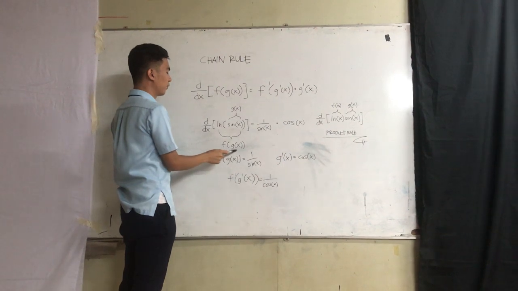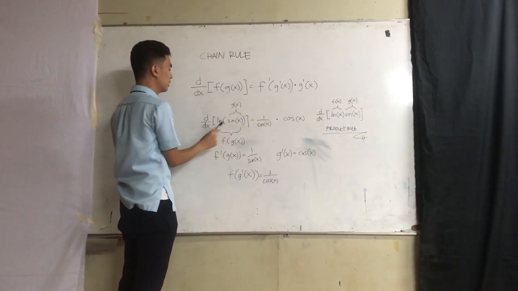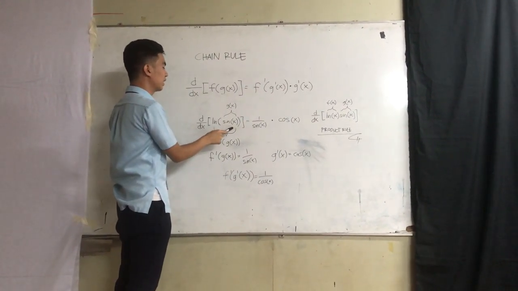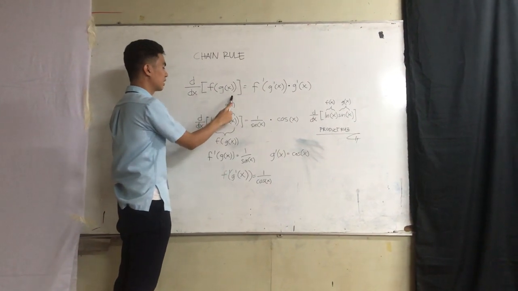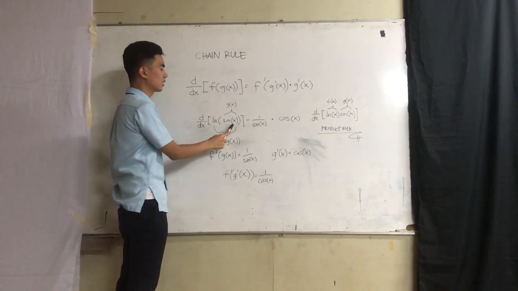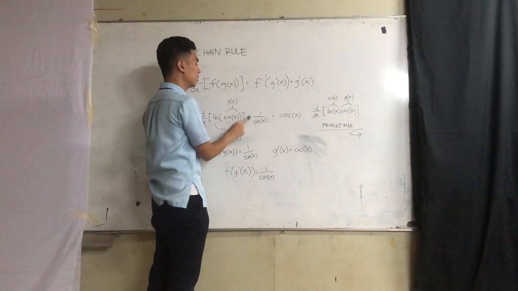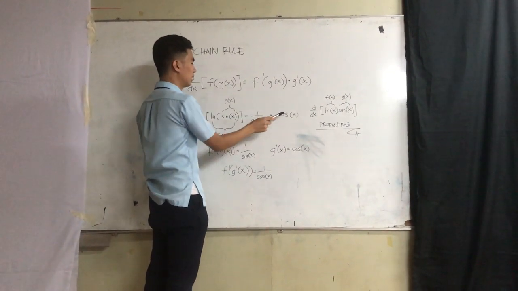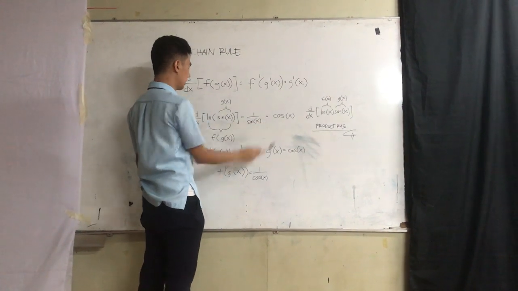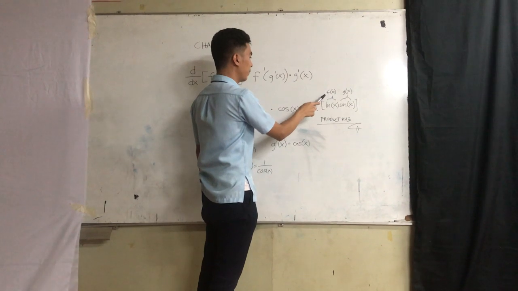Then we must define inside the bracket, which is f of g of x, this part only, ln sine of x, and g of x at this part only is sine x, then times cos, which is the derivative of sine x.